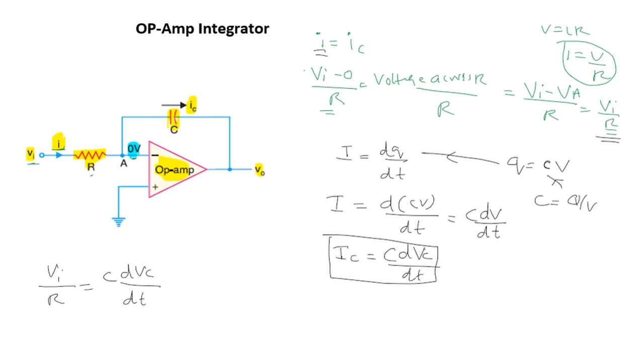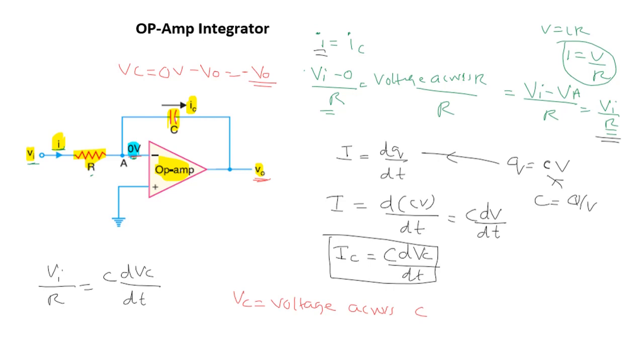VC is the voltage across the capacitor C. And what will be VC? VC will be equal to the 0 volt minus this V0, so that will be equal to minus V0.